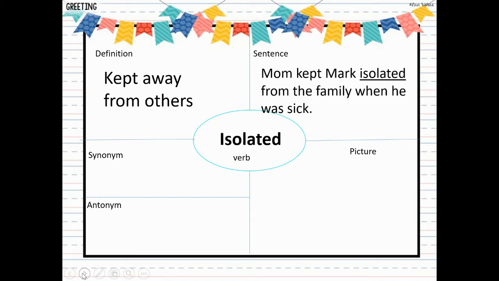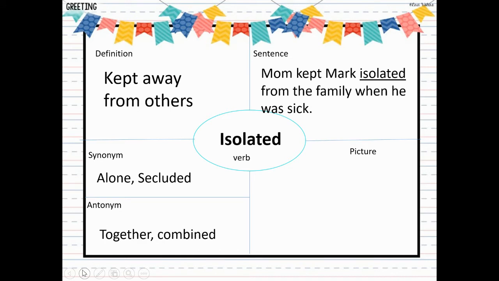Well, let's talk about synonyms. What are some words that mean the same as isolated? 2 synonyms that mean the same are the word alone or secluded. A lot of people go back and forth using isolated and secluded, and they both mean kept away from others in your own area. 2 words that mean the opposite would be together or combined.